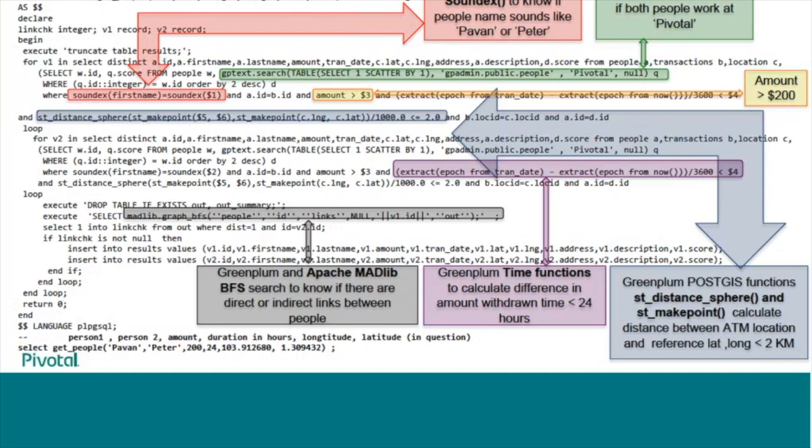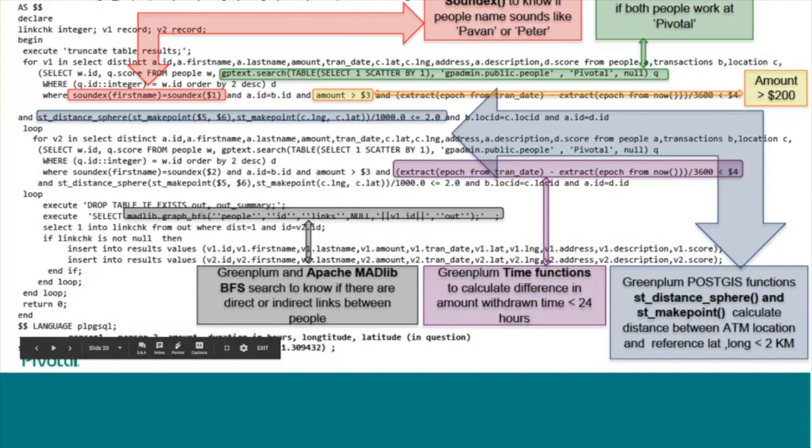So you want to find out people working at Pivotal who know each other directly, and their names sound like Peter or Pawan, and who have withdrawn an amount greater than $200 within 24 hours at an ATM less than 2 kilometers from a reference latitude and longitude. So that's a pretty complex query. And if you have the data in your database, it's a simple query. It's a query that you can run that finds exactly what you're asking for.